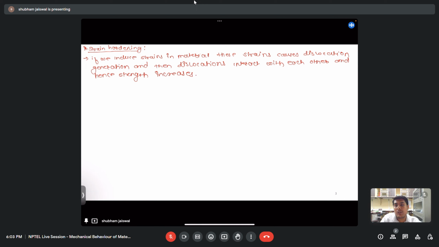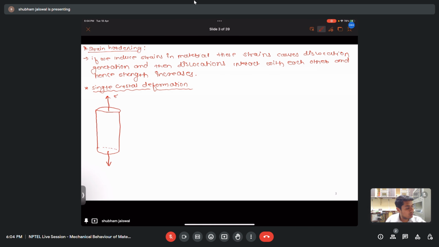After that, we have seen single crystal deformation, how the single crystal deforms. Let's say this is my single crystal subjected to some stress, sigma.